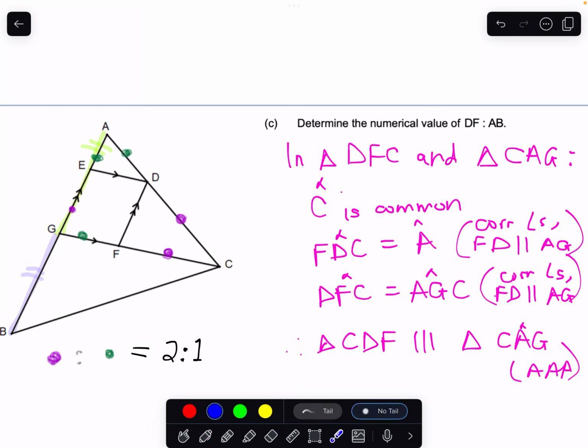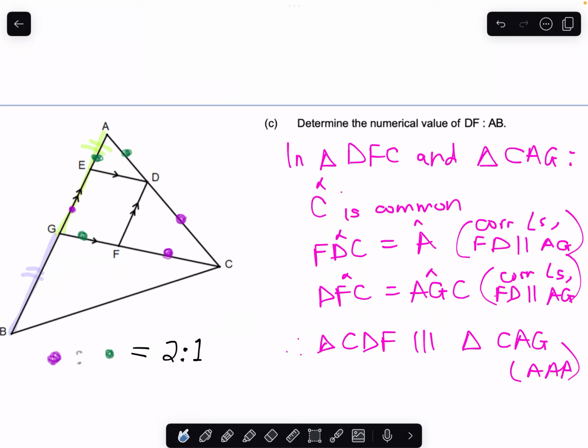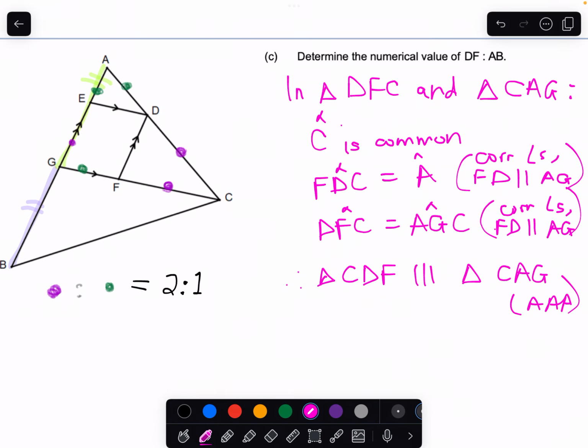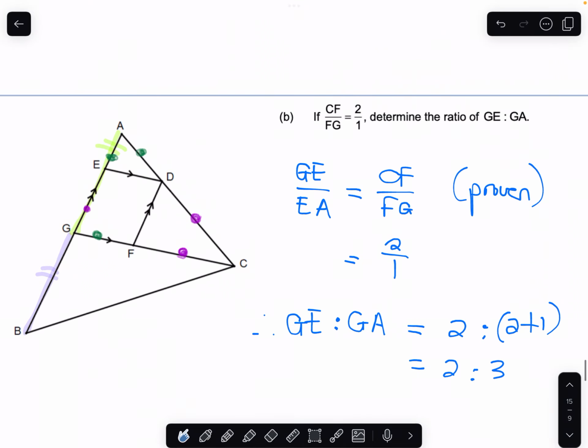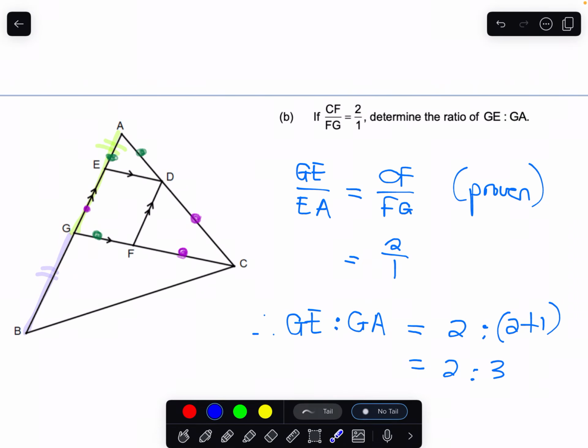So let's just see if this tracks. C and C, yes, they're common. D and A, F and G, cool. Right, and so therefore CD, okay, let me not just shoot aimlessly here. Let's target what we already have. From this question, we figured out the ratio of GE to GA.